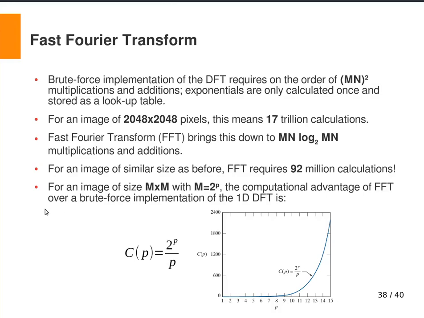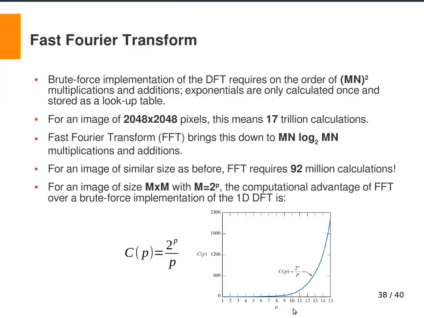To see the computational advantage, let's assume that we have images of size m by m, with m being a power of 2: 2, 4, 8, 16, 32, and so on. If we draw the computational advantage of the fast Fourier transform over a brute force implementation of the 1D discrete Fourier transform, this is the graph that we get. The computational advantage for m equals 2 to the power p is 2^p over p.